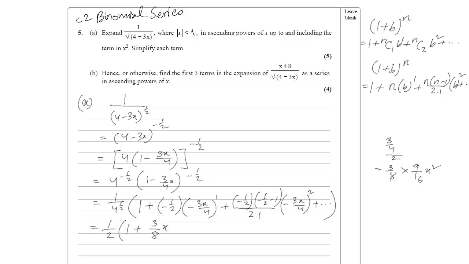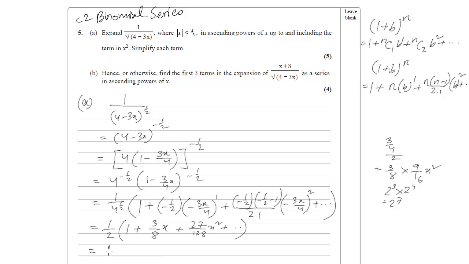Now we cannot cancel this in any way, so we have to use the calculator and find it out. Or we can just use basic C1 indices. 2 cubed is 8. 16 is 2 to the power 4. That makes it 2 to the power 7, and 2 to the power 7 is 128, and 3 nines are 27, so this is going to be plus 27 divided by 128 x squared plus dot dot dot, which means this is not the full expansion, there are other terms, we're just not writing them down.